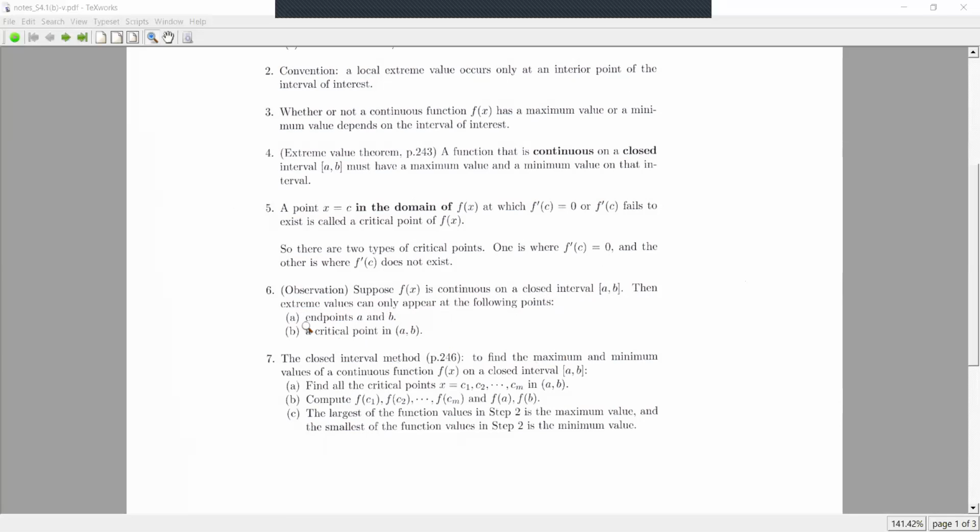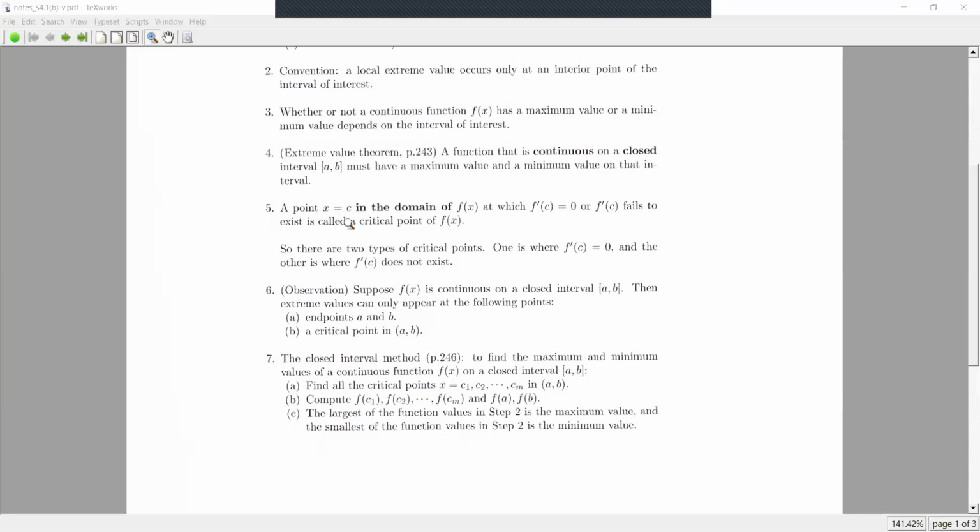Maximum and minimum, the highest or the lowest point of the graph, can appear at endpoints of the interval. Possible. Also, they can appear at a critical point inside the interval. This is an open interval, that means between the two endpoints, a and b. Maximum and minimum can appear at a critical point.